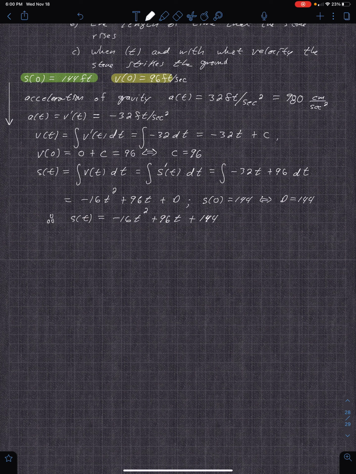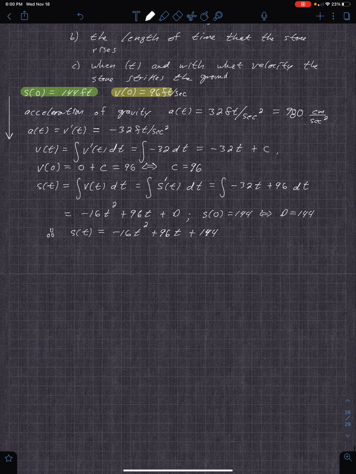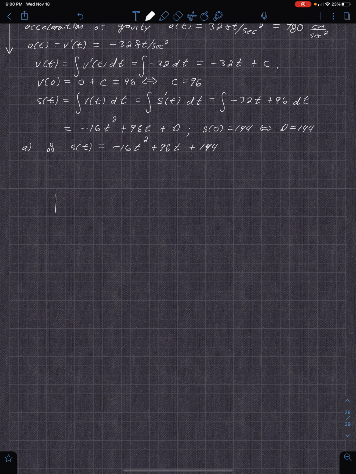So then let's answer the questions. Distance above the ground after t seconds. Well, that's this. This is A. That is the distance above the ground after t seconds. Okay, so then, oh, and we may want to graph this thing. Let me just give you a rough sketch of what it might look like.